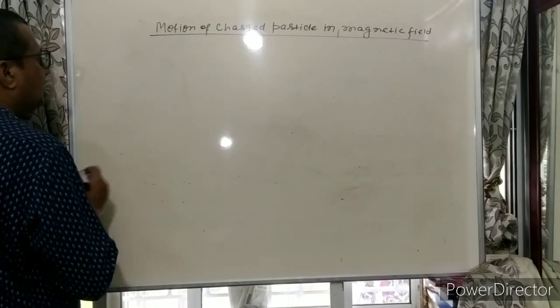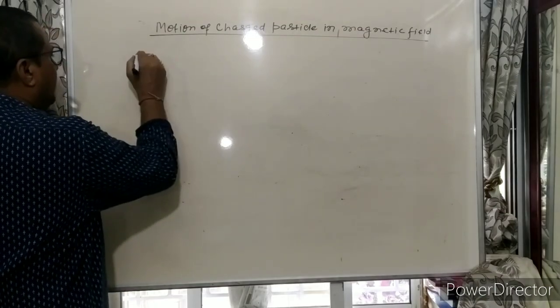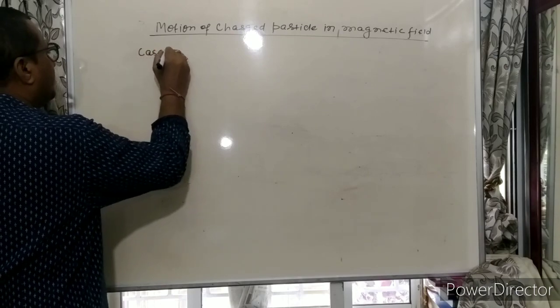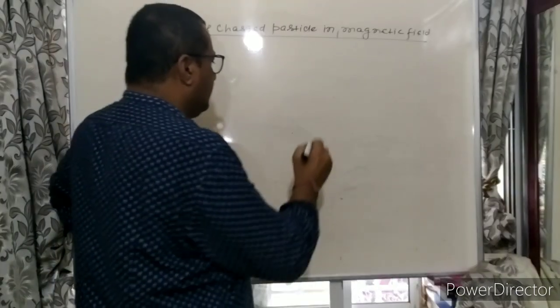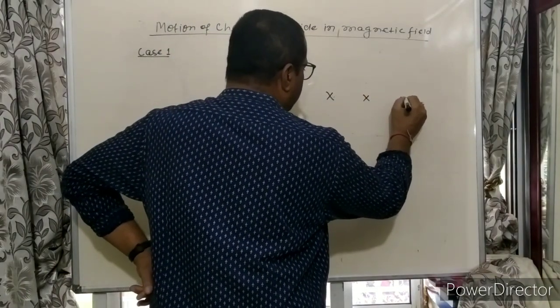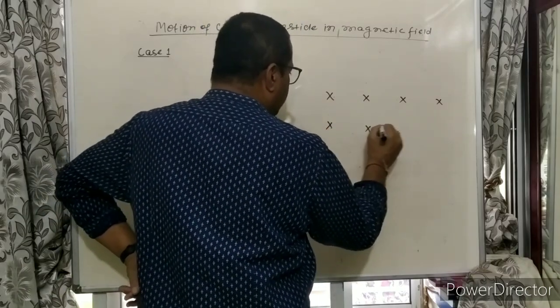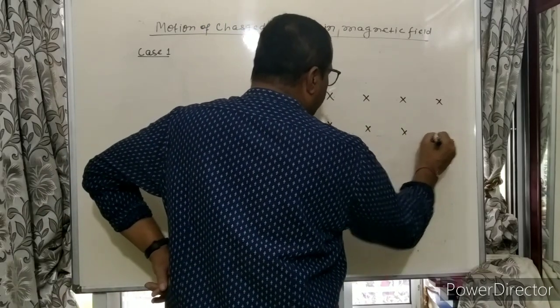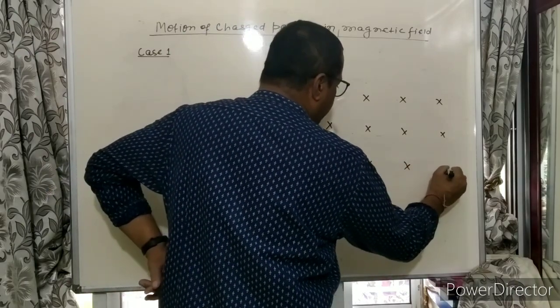First of all, we should know case 1. If there is an inward, uniform magnetic field, so the crosses are separated uniformly, means the distance between the two crosses is constant.